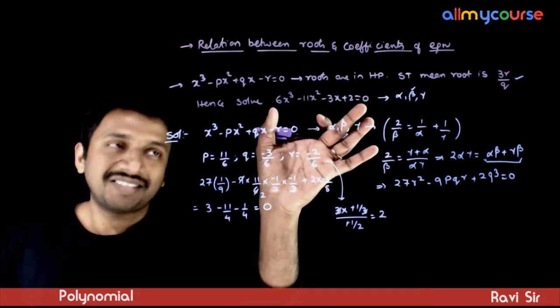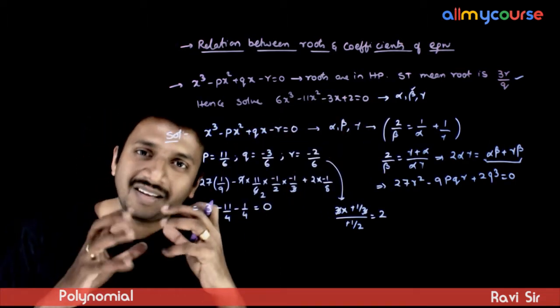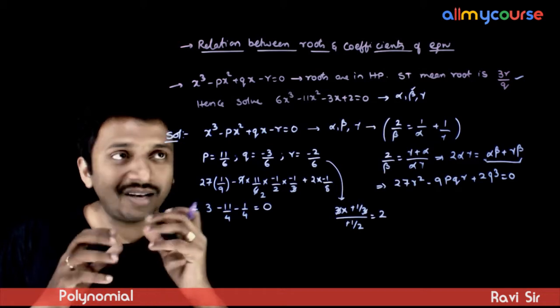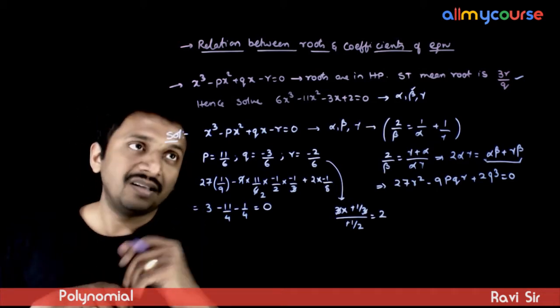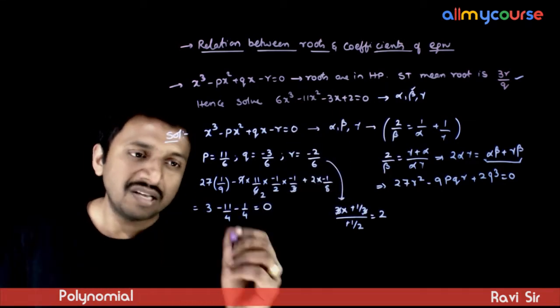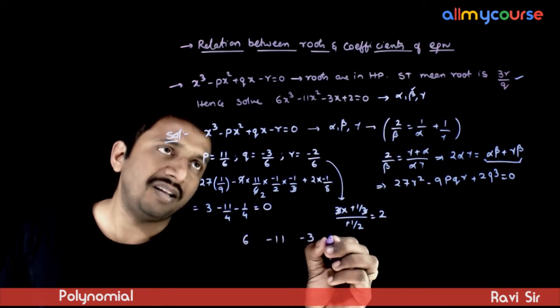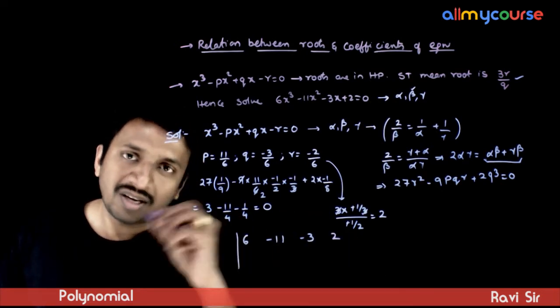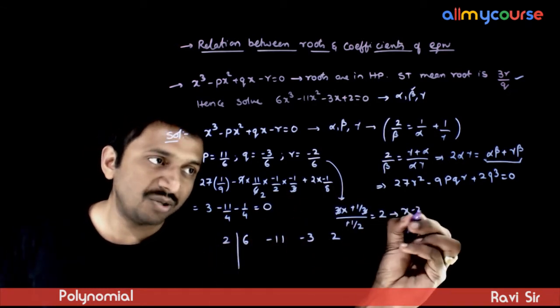So let us divide this equation by x minus 2 and get the quotient. Let us get the quadratic quotient, which we can solve easily. So let us use Horner's synthetic division. You have 6, minus 11, minus 3, 2, and the root is 2 because the factor is x minus 2.